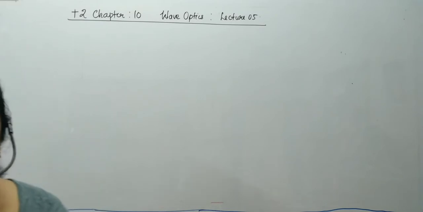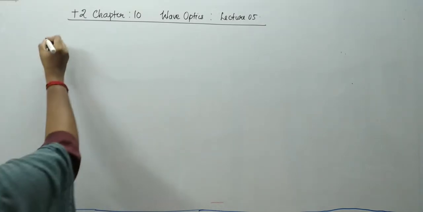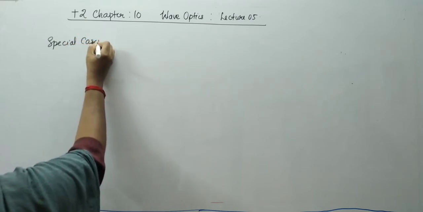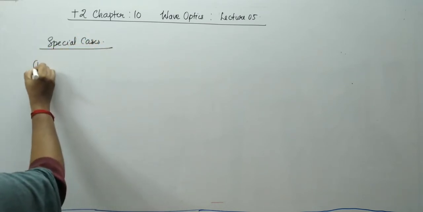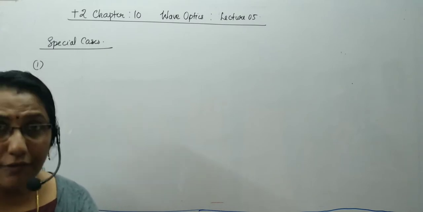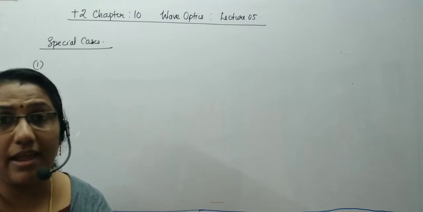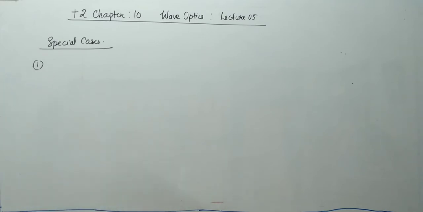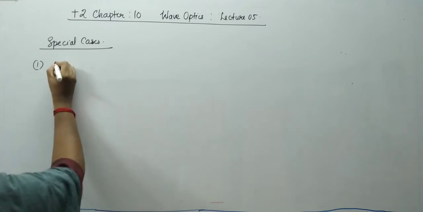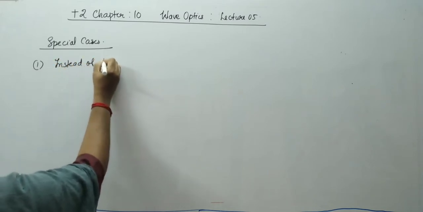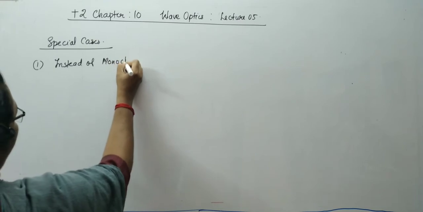And finally, the last topic, special cases of interference. That is, what happens to the Young's double slit experiment if we use white light instead of the monochromatic light?